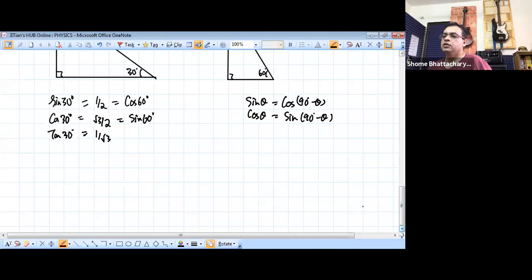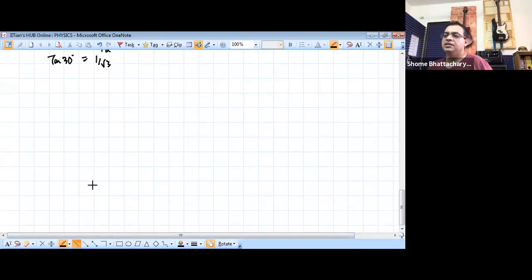Then another type of triangle which will be new for us, which you might not have seen before, is the 3, 4, 5 type of triangle. You know that 3, 4, and 5 are Pythagorean triplets.